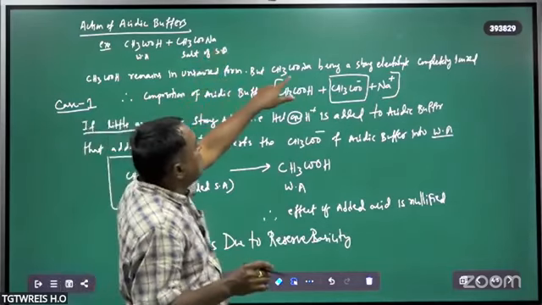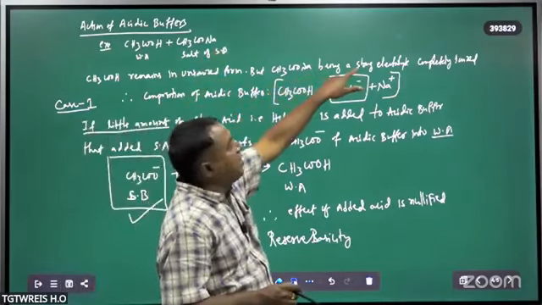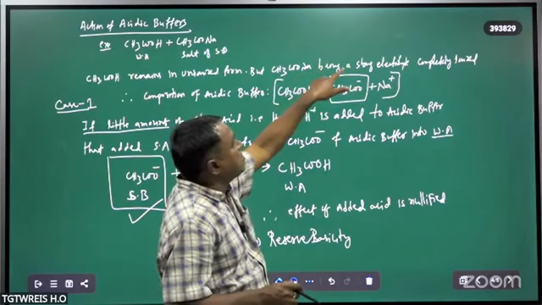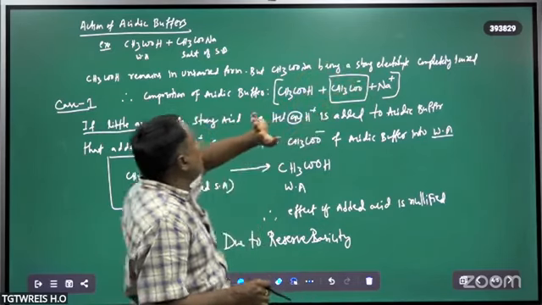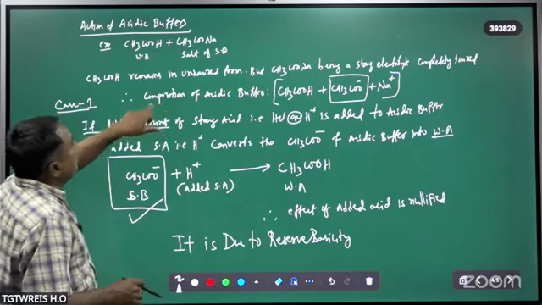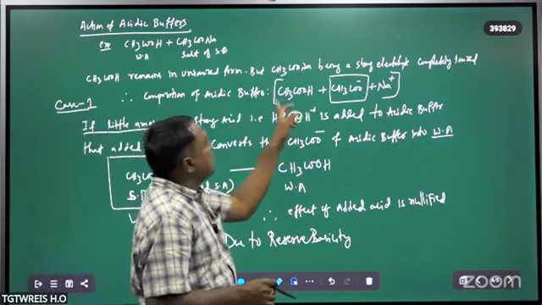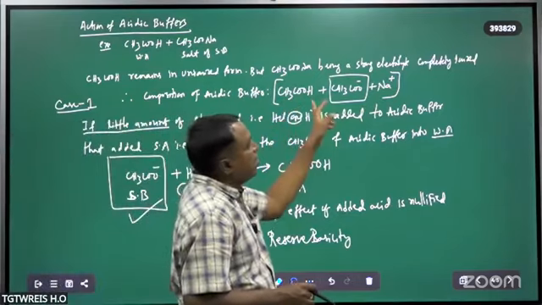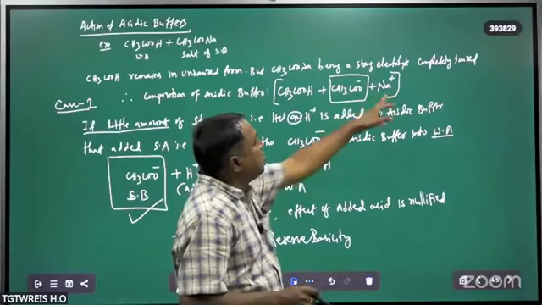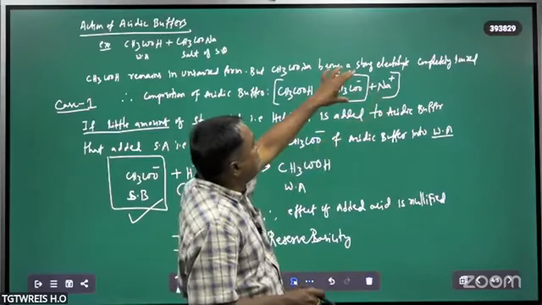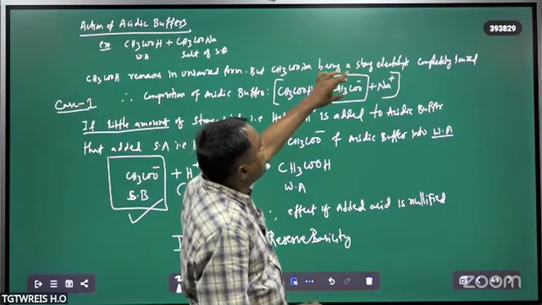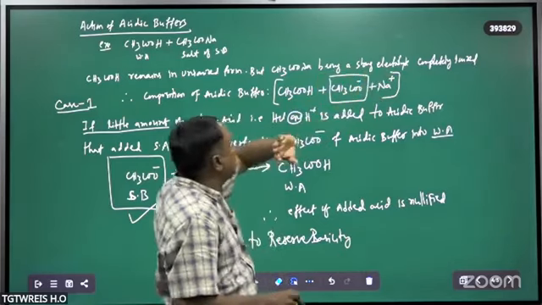But CH3COONa, being a strong electrolyte, is completely ionized in the mixture. Therefore, the composition of an acidic buffer means CH3COOH is unionized, whereas CH3COONa is completely ionized.